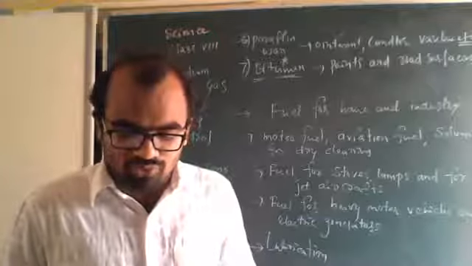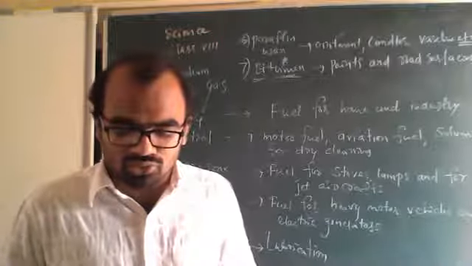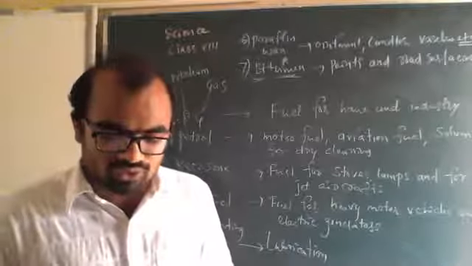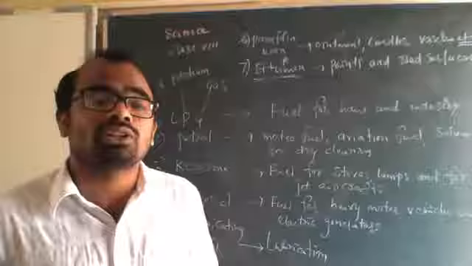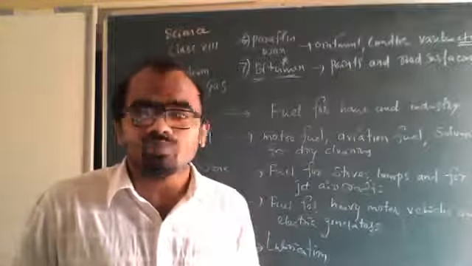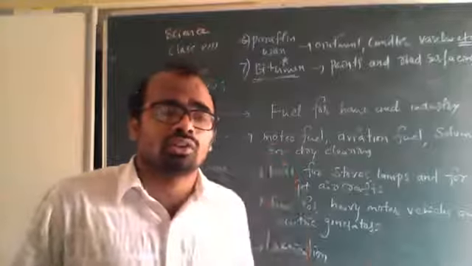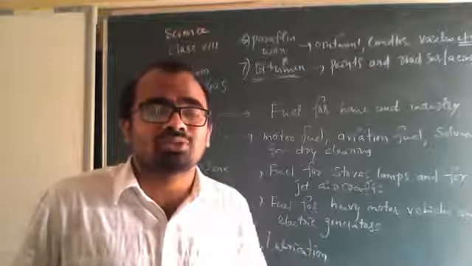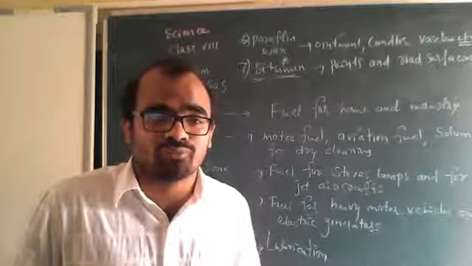Moreover, burning of these fuels is the major cause of air pollution. Their use is also linked to global warming. It is therefore necessary that we use these fuels only when absolutely necessary. When we burn these fuels, they produce a huge amount of gas. That means a huge amount of smoke, so there will be maximum air pollution.